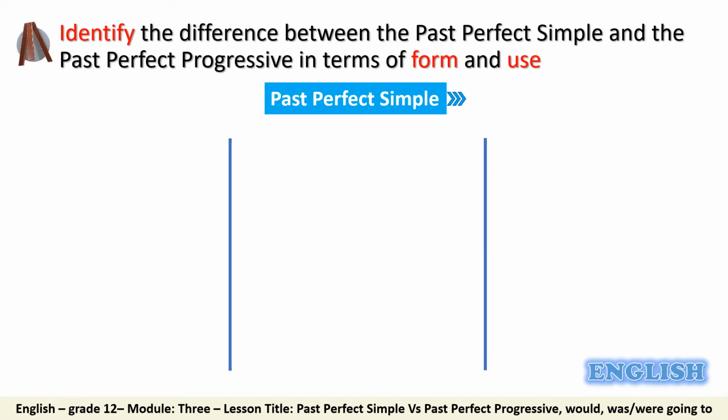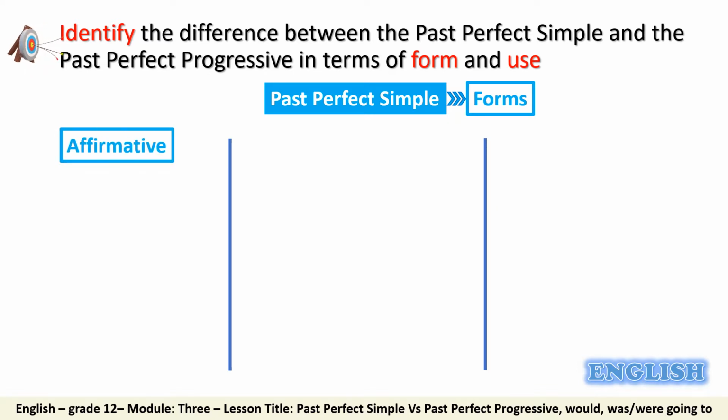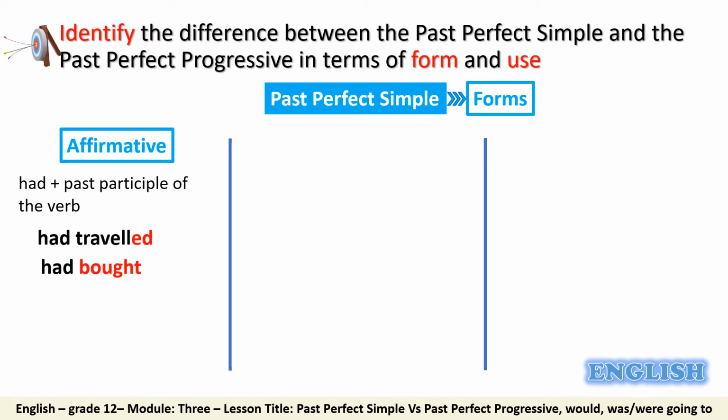For the first objective, we will begin by revising the forms of the past perfect simple. We start with the affirmative form, which is made by using had for all the pronouns and the past participle of the verb. For example, had traveled, and the past participle is obtained by adding ed to the verb.